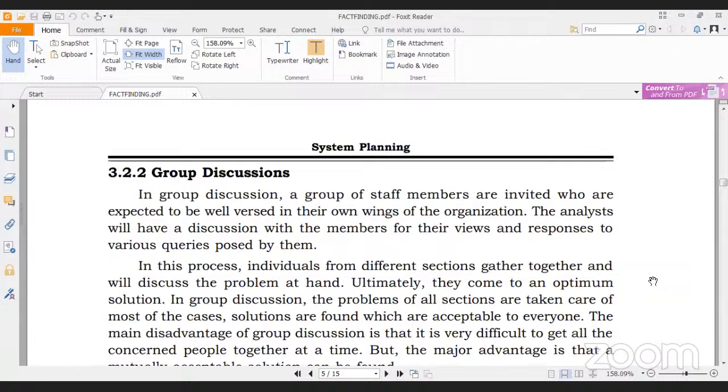See, group discussion is a common platform where several experts from several departments sit together to discuss a common problem and a common solution. All experts' views, suggestions, and opinions will be respected, and a common solution will be found.